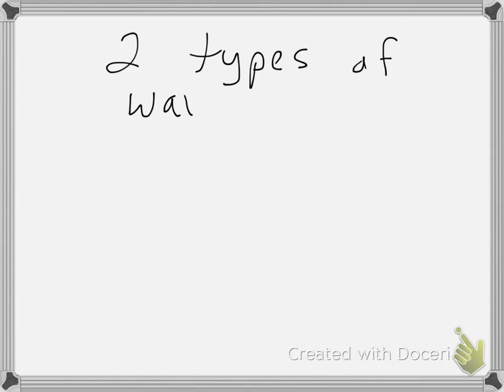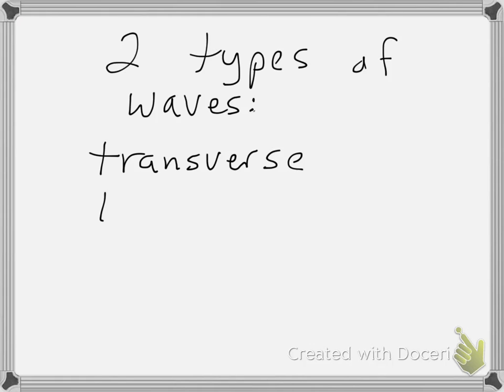And we have two types of waves. And those two types are transverse and longitudinal.